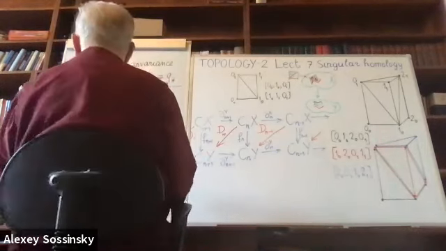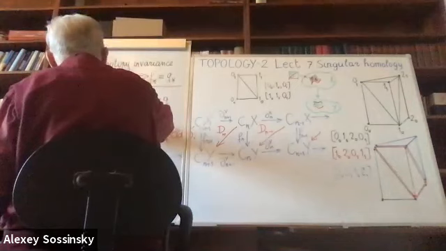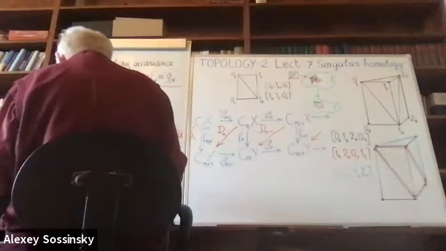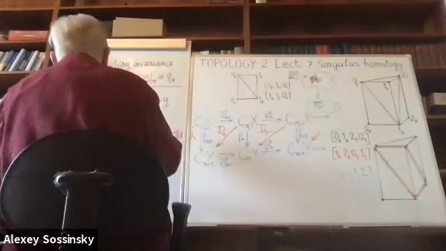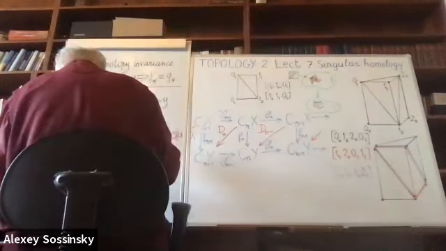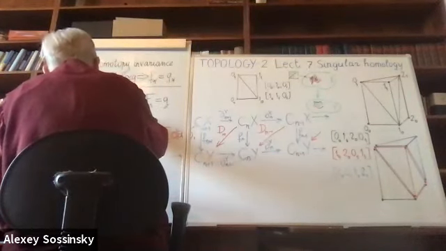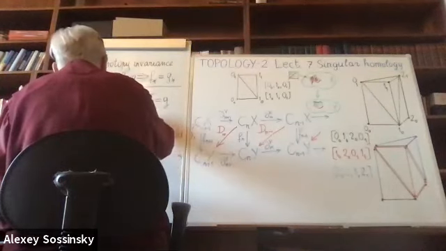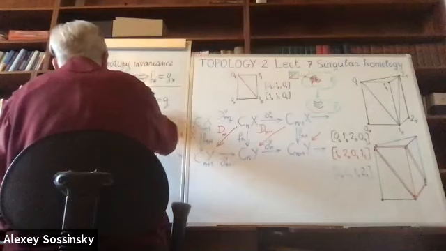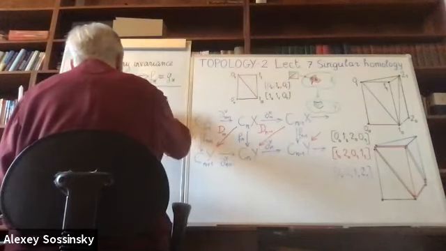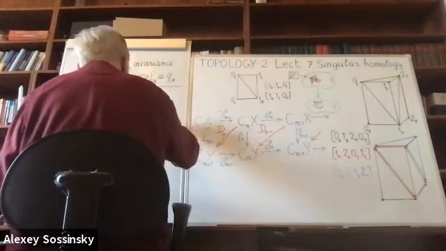And now I can define d_n on the singular simplex sigma_n, and I will define it as follows. I will write out the formula. It's the sum over j from 0 to n of minus 1 to the jth power, gamma, delta.